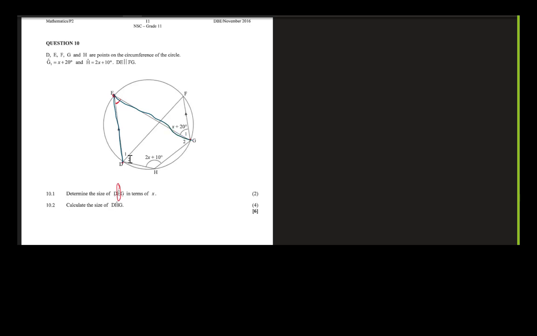They are looking for this angle E in terms of x, meaning that your answer is allowed to have x within. Your answer might be x plus 2. Your answer might be x plus 10. What do you think is the value of angle E in this case? They are looking for this angle in terms of x. Sense?